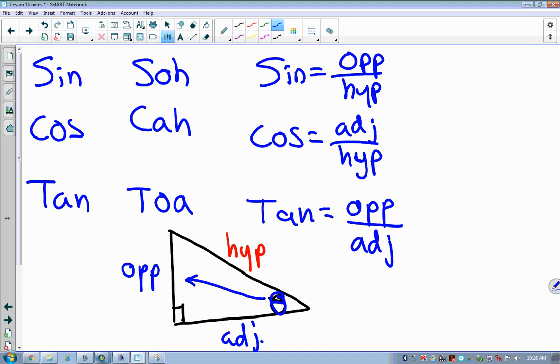Let me give you a verbal description of opposite: the line segment that represents opposite will not touch the angle. The adjacent side touches my angle, and the hypotenuse touches my angle. The opposite side will never touch the angle that I'm using. That's what makes it opposite.